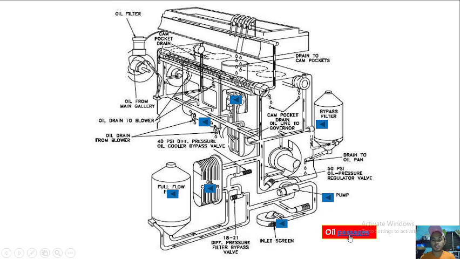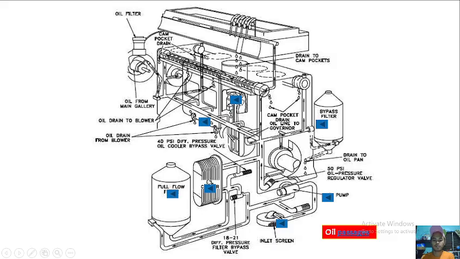The oil passages, the ones with the arrow, that is where the oil flows. It goes from the inlet screen, is sucked by the pump, and goes through a filter bypass valve.